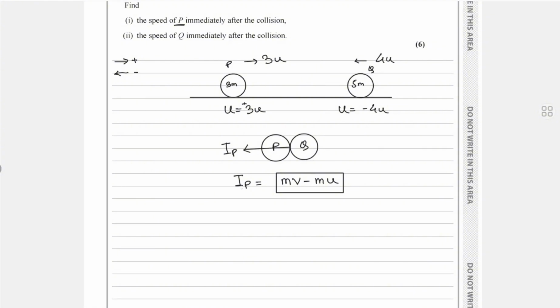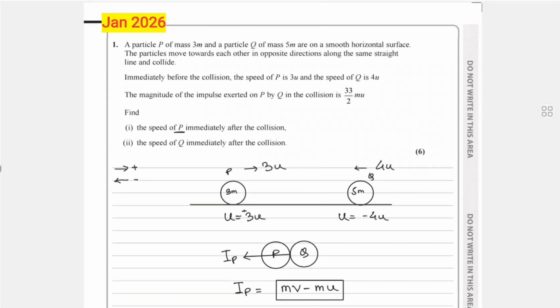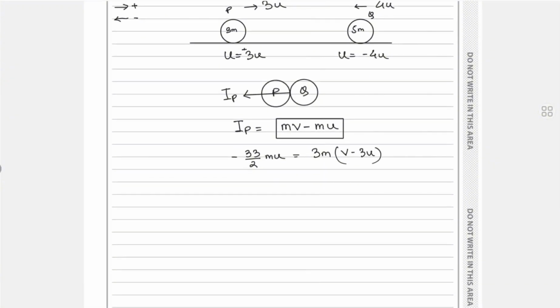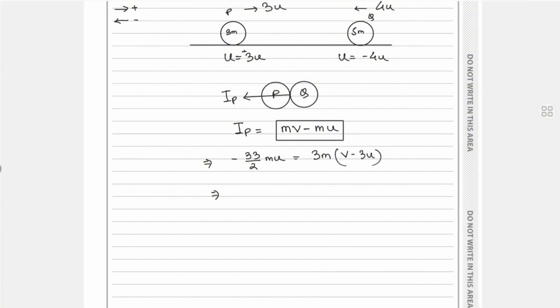The impulse on P is 33 by 2 mu, so negative 33 by 2 mu. We can take the mass common, 3m, the mass of P, times the velocity we need to find minus the initial velocity, 3u.